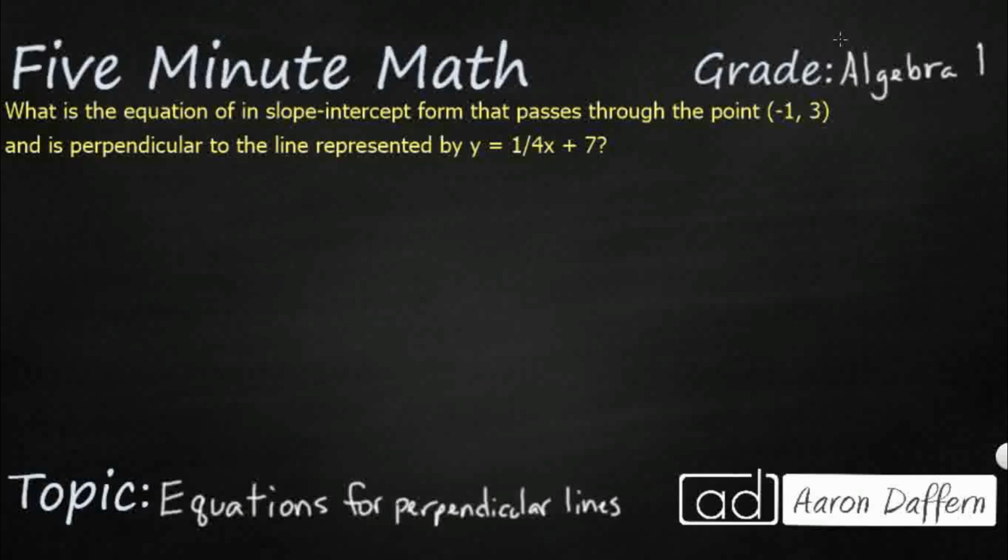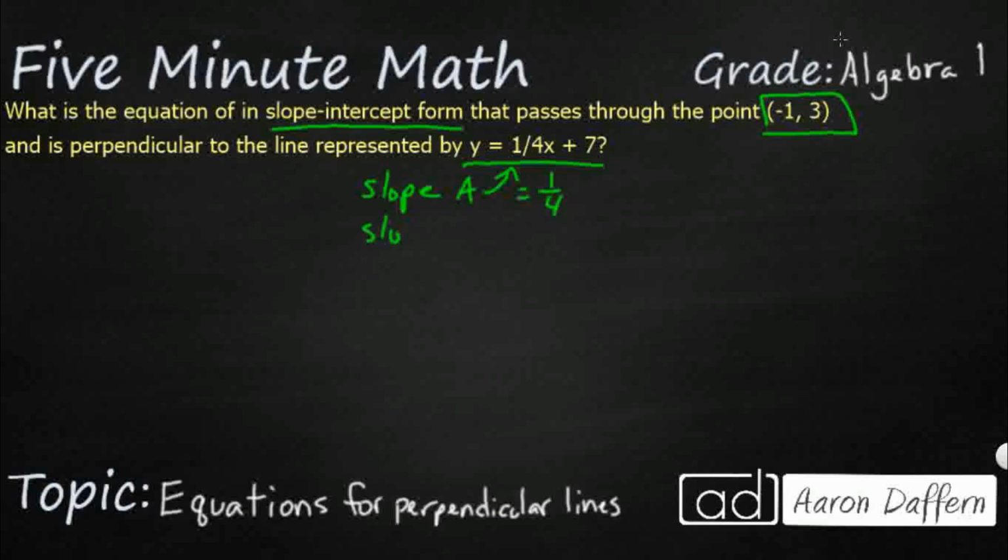A sample problem might ask us to find the equation in slope-intercept form. They're going to give us a point. Here's the point that the line passes through, and it needs to be perpendicular to this line right here. First we need to find the slope. The slope of, let's call this one A, is going to be 1/4, so 1 over 4.